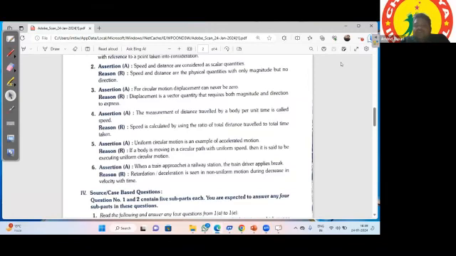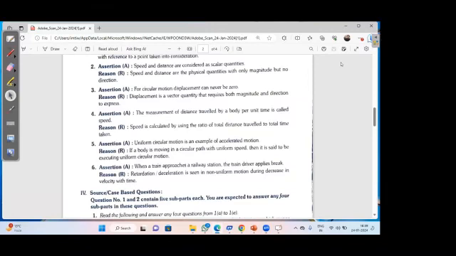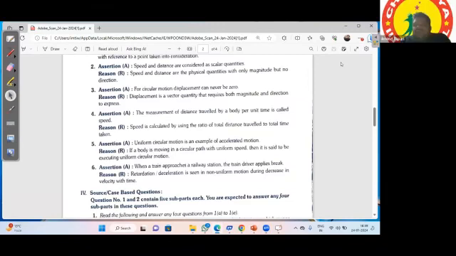For circular motion, displacement can never be zero. Oh, sorry, sir. False. It can be zero. It can be zero, so you are getting assertion as false, and assertion as false was the only option D. Sir, for circular motion, displacement will be zero if it's a full one. For circular motion, displacement will not be always zero, but it will be sometimes zero. Sometimes, yeah, sometimes it can be zero. It's not always.